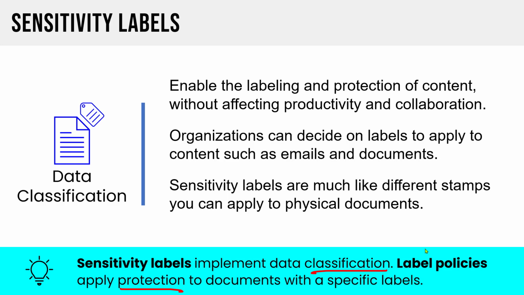A fundamentals exam like this is not going to expect you to know the hands-on steps for creating and applying these labels and developing that strategy, but I wanted you to understand that sensitivity labels and label policies are separate concepts, and classification is the first step and protection is the second.